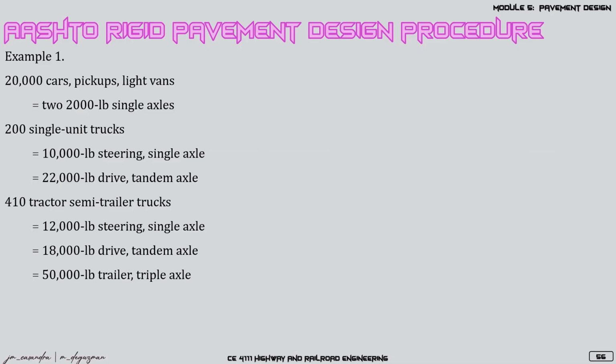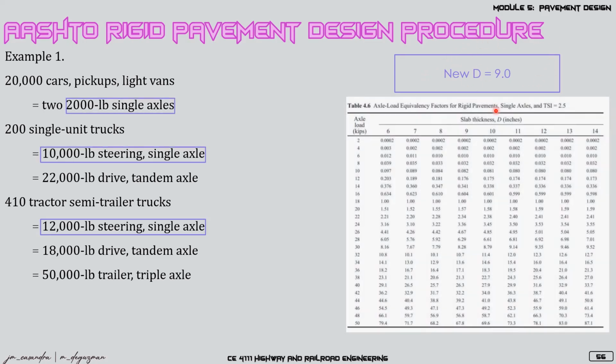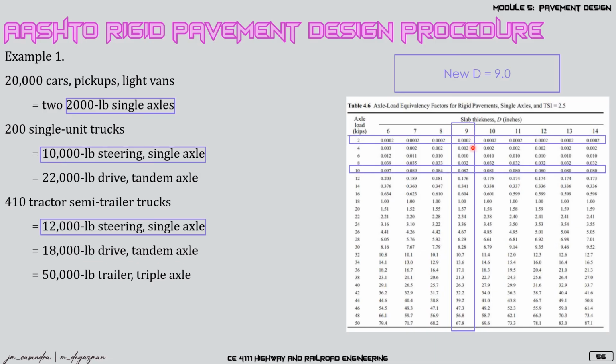So again, we find our equivalency factors for the single axles, tandem axles, and triple axles using the values under D equal to 9. So for our single axle, again, we use table 4.6. So under 9, we have 2 kips, we have 10 kips, and 12 kips.